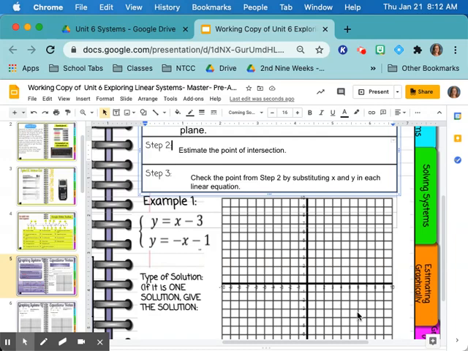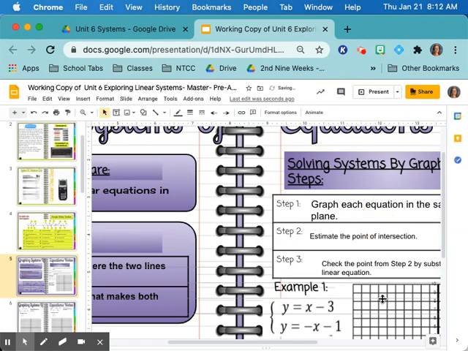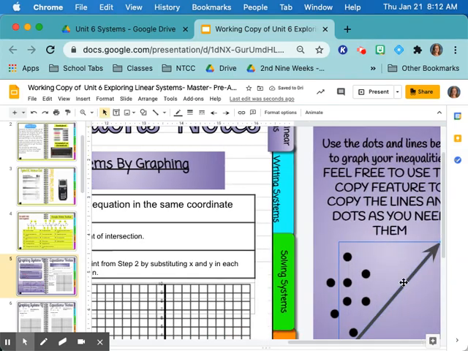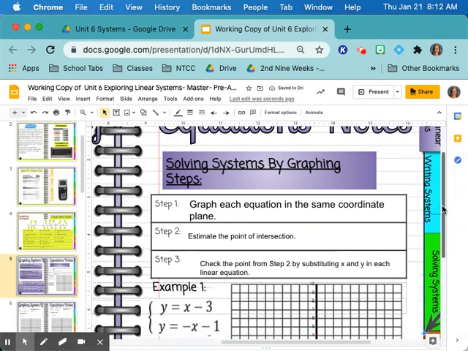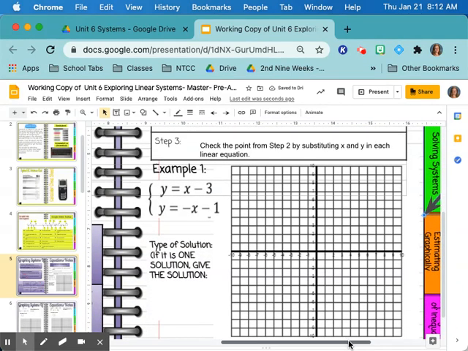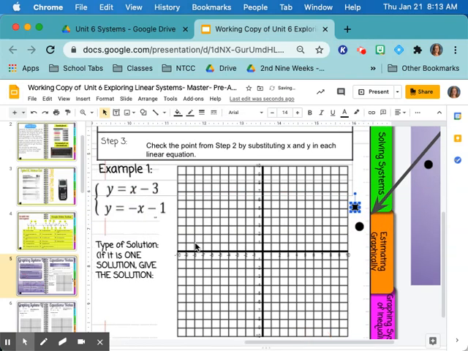So let's go ahead and graph this. Let's see, do we have any lines? Yeah, we have a line here that we can copy and paste, so we don't have to make new lines. Let's graph the first one. Go ahead and plot points, and that'll help you graph it easier. I'm going to grab 2 points. Okay, so y equals x minus 3.